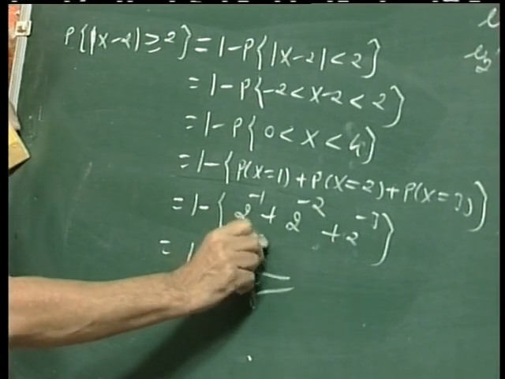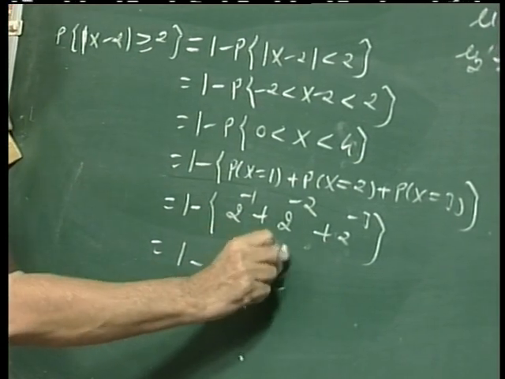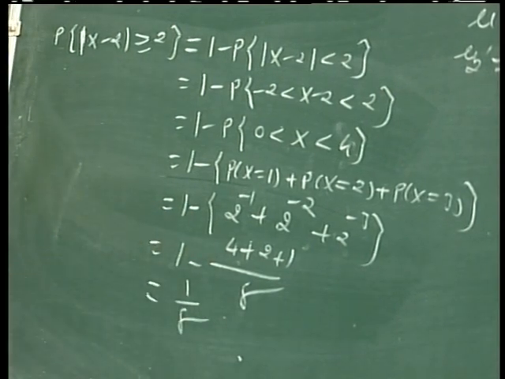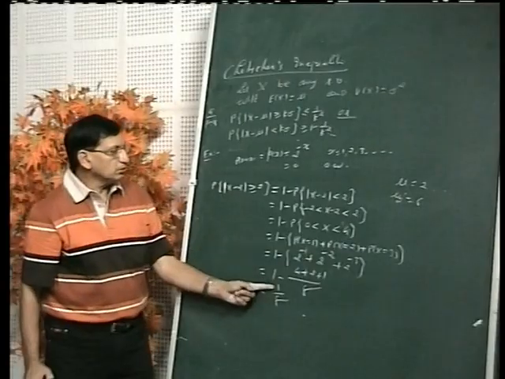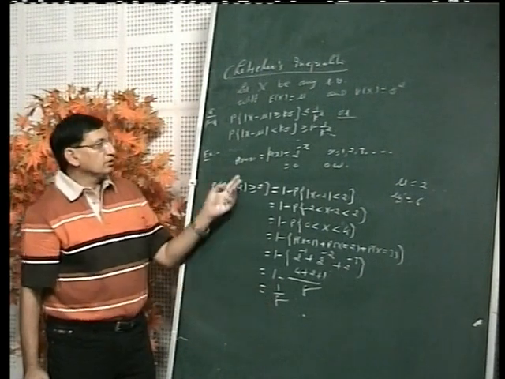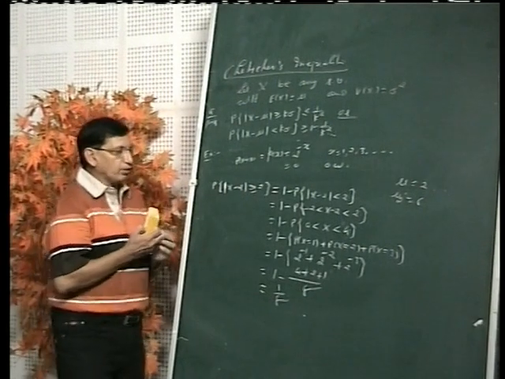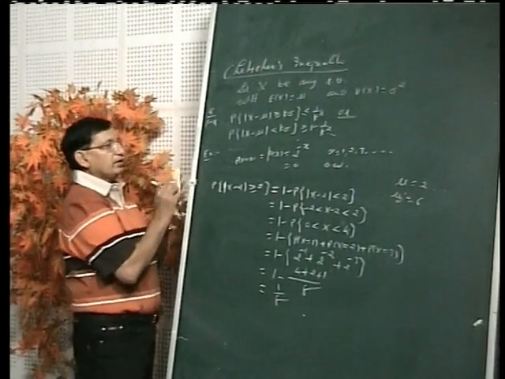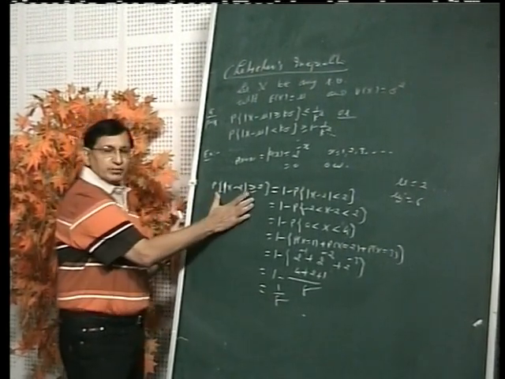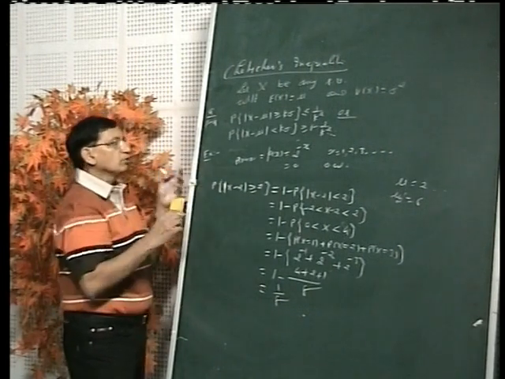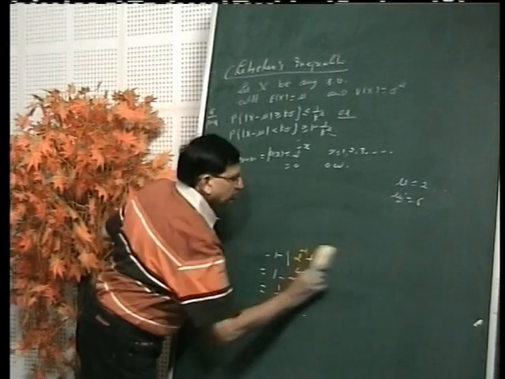So here 4 plus 2 plus 1. So 1 minus 7 by 8 means 1 by 8. So the exact value is 1 by 8. The upper bound obtained by this is 0.5. So this way we can find the exact value of the probability of some particular event. Similarly, even if we don't want to use the exact form, then also by Chebychev inequality we can find a bound.